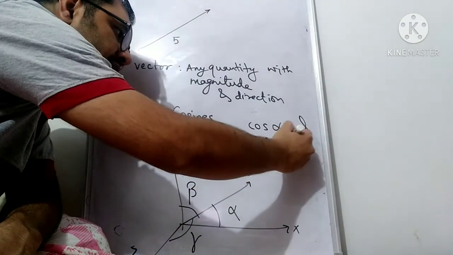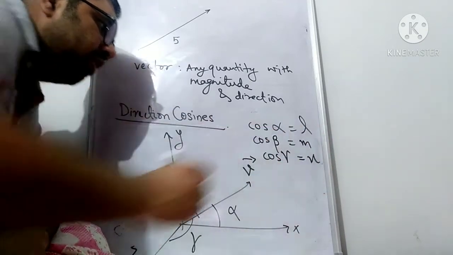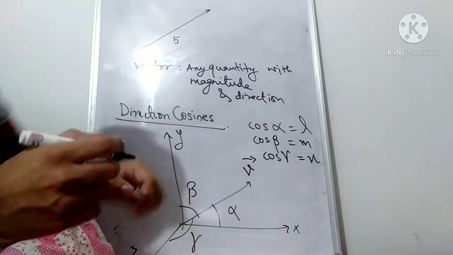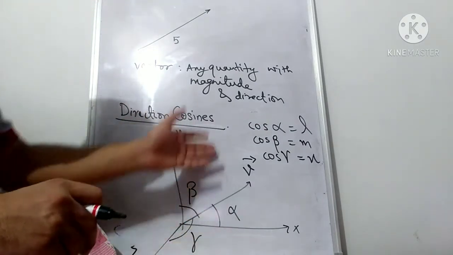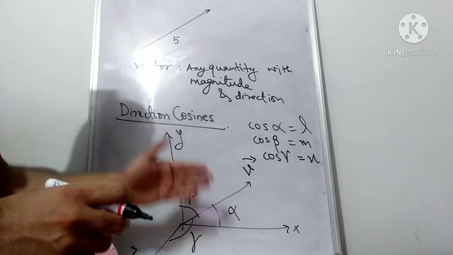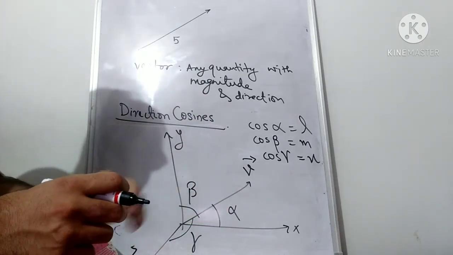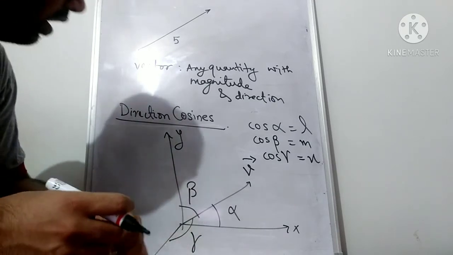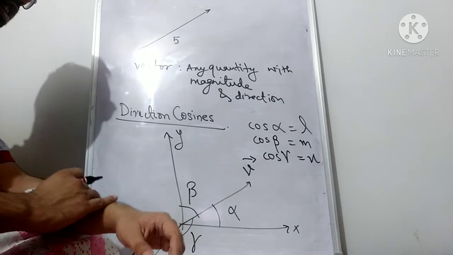Cos alpha is L, cos beta is M, and cos gamma is N. So L, M, N are called the direction cosines of a particular line. It is basically defined for a line. We will study this concept again in 3-dimensional geometry, which is the next chapter for vectors, but just to be more clear, I thought I'd explain it here.